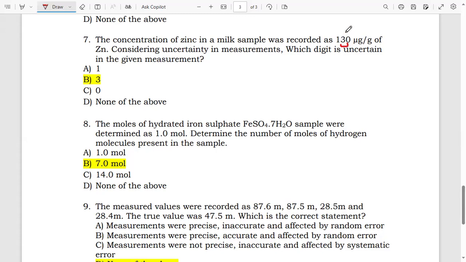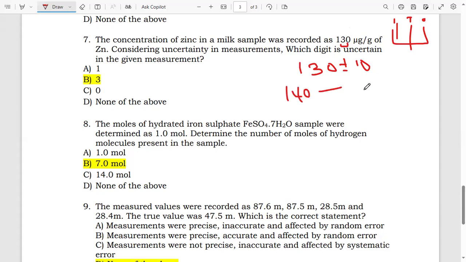So if we remember the abacus, we had ones there, tens, and then hundreds, just like that. So this 3 here is in the position of the what? The tens. So it means the uncertainty of this value will be 130 plus or minus 10. So the lower reading there will be 120, and the upper reading will be 140.